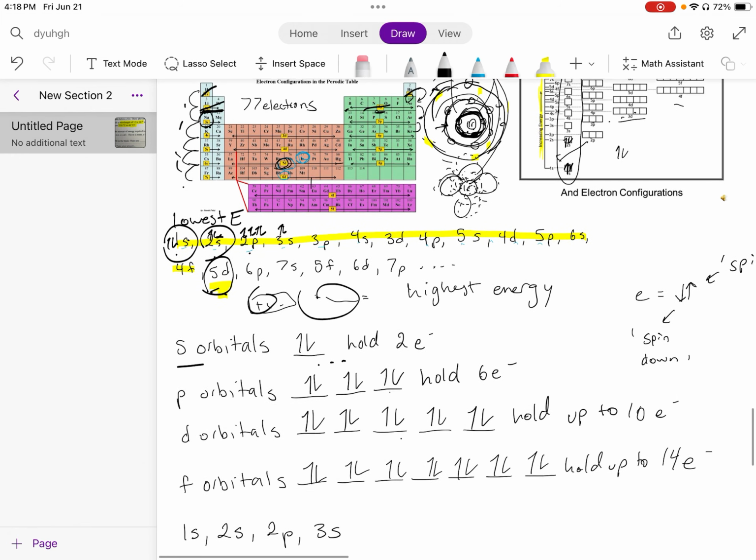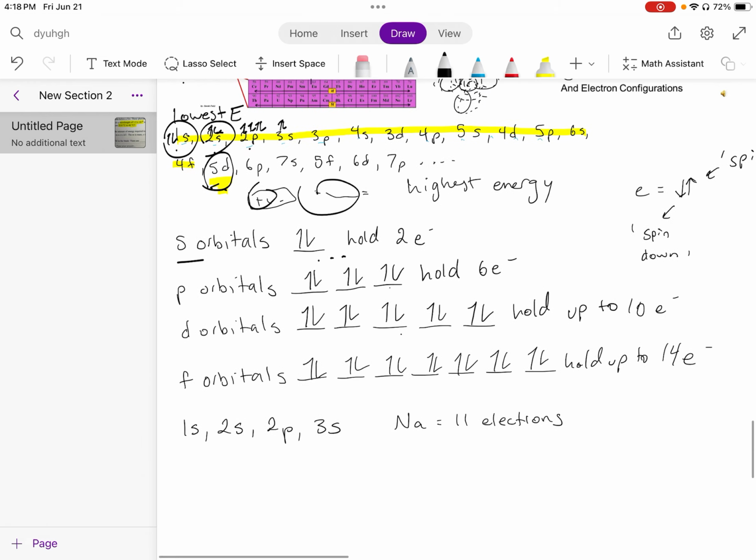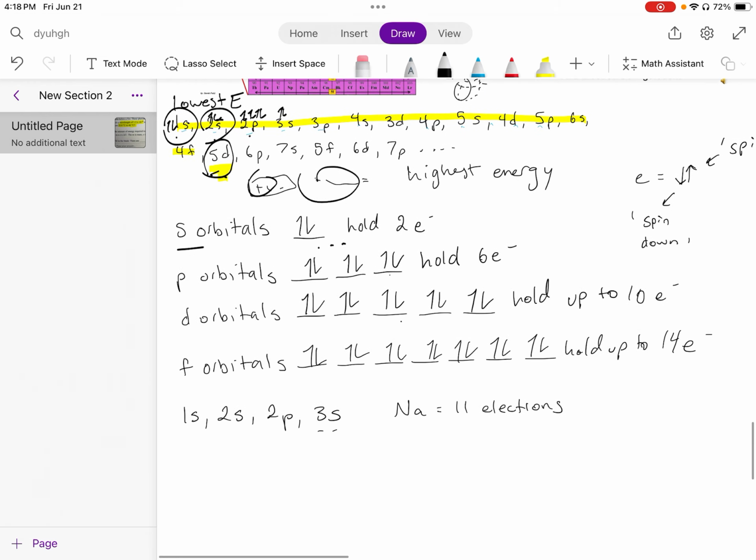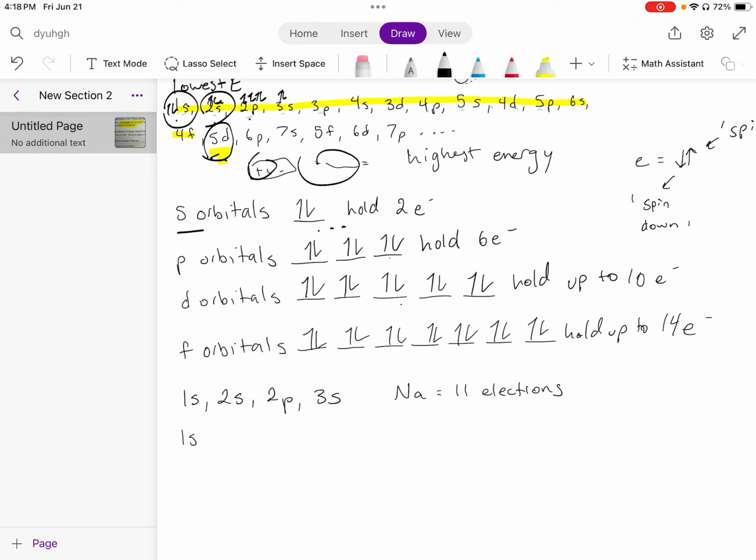And because we're smart, we're like, okay, the 1s, 2s, and 2p will be full, and we're going to have to deal with the 3s eventually. But let's not get ahead of ourselves. Let's just understand that we're probably going to be ending up at the 3s. Okay? So, how do we let people know how many electrons are in the 1s orbital? We just put a little exponent, 2.